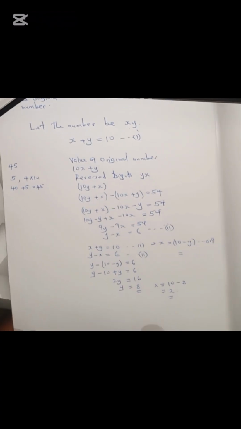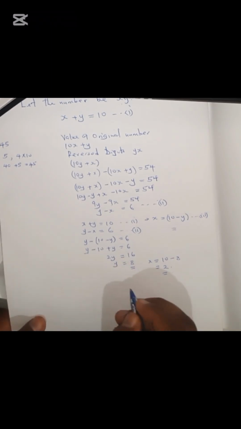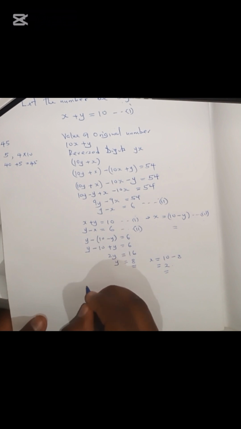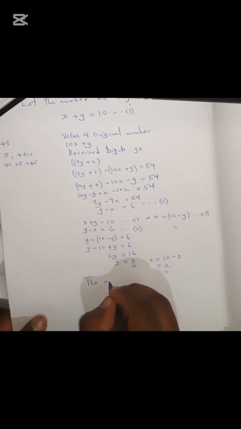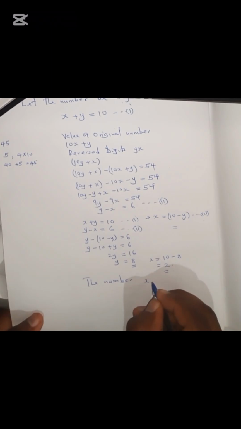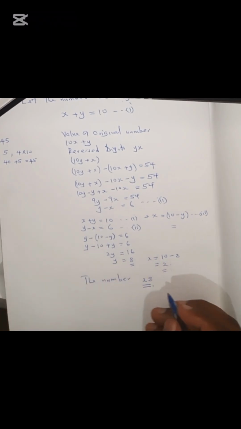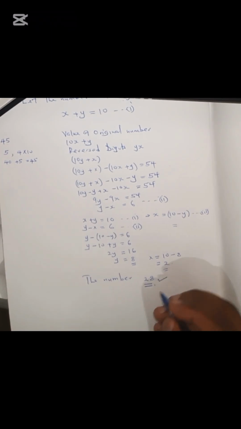So we are going to write here that our number, the number is 2, 8. So the number is 28. And that is what we were looking for.